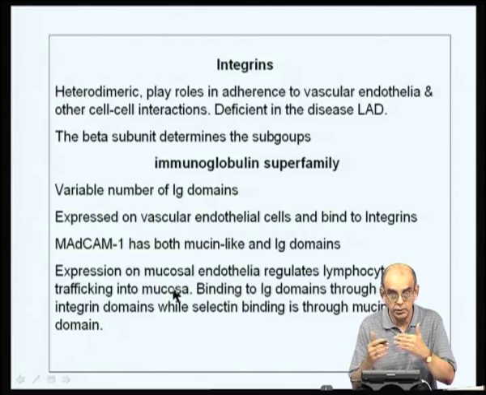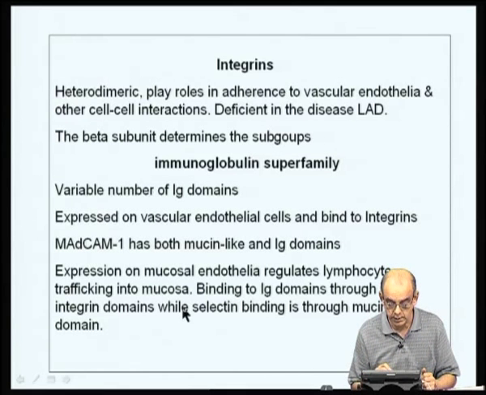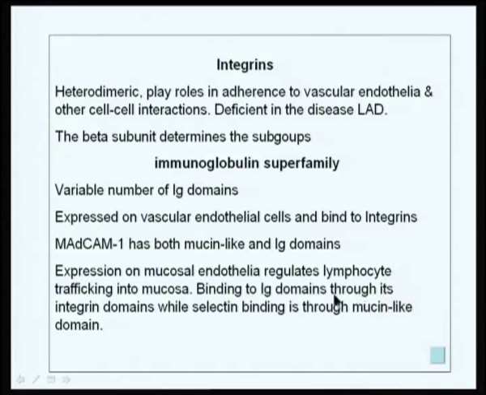The expression on the mucosal endothelia regulates lymphocyte trafficking into the mucosa, or into the lumen of various kinds of lymph nodes, and the binding to immunoglobulin domains through the integrin domains actually characterizes one type of interaction, while the selectin binding through the mucin like domains characterizes another type of interaction that occurs with this particular molecule, which has both mucin like as well as immunoglobulin domains.